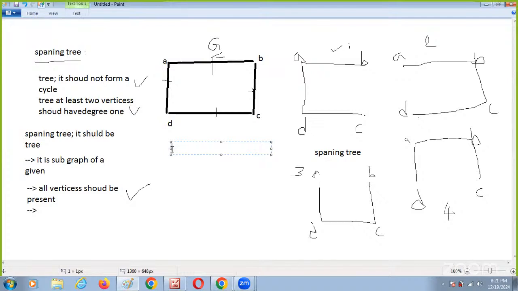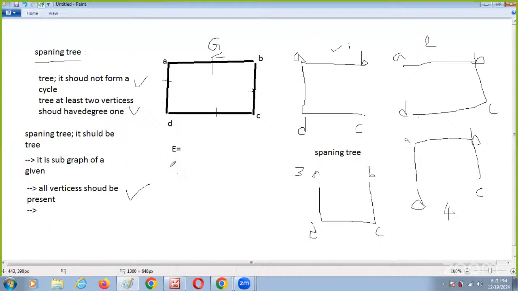So the number of edges is written like this: modulus of E equal to 4.